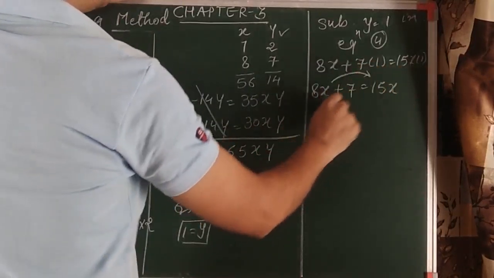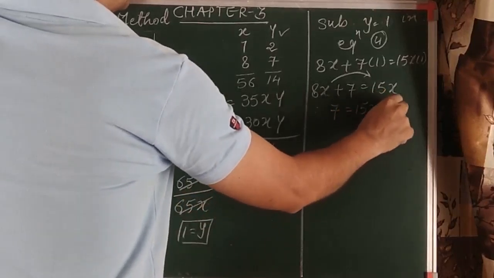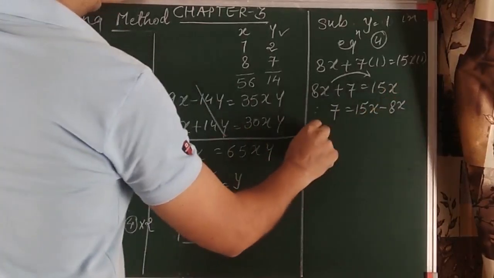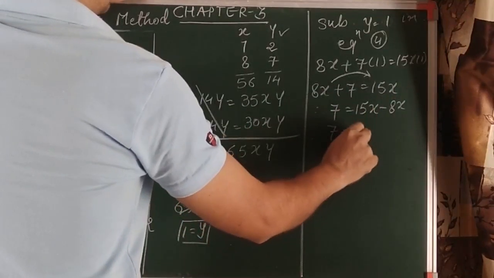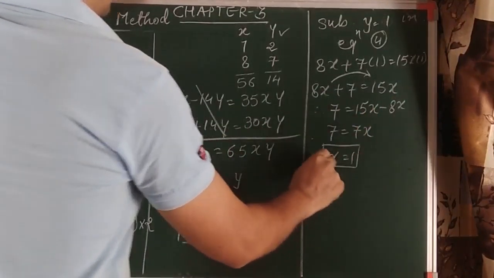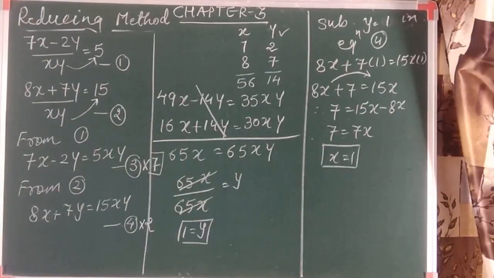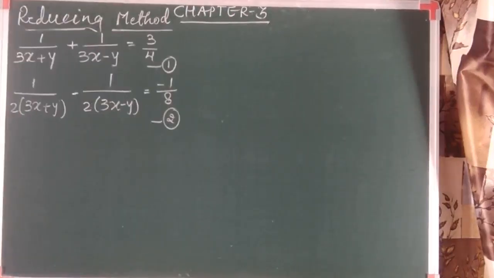I'll take this 8x to the right hand side. 7 is equal to 15x minus 8x. So 7 is equal to 7x. So we'll obtain x is equal to 1. Thus we obtain the solution of x and y of this pair of linear equations, that is 1 and 1 respectively. Let us see one more question.